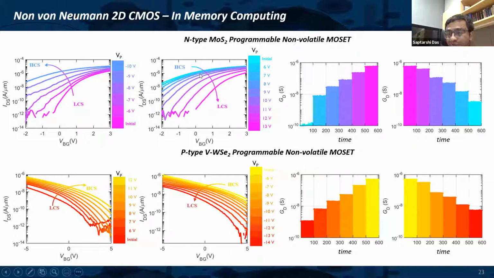And I can do the reverse by applying a positive voltage, where I go from a high conductance state to the low conductance state. And once you put the device in a particular conductance state, it retains that information. That means it's a non-volatile memory device. And I could do it with both the NFET as well as the PFET. So both my NFET and PFET are now programmable.